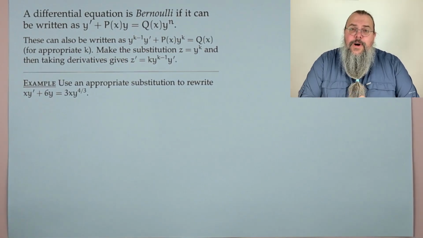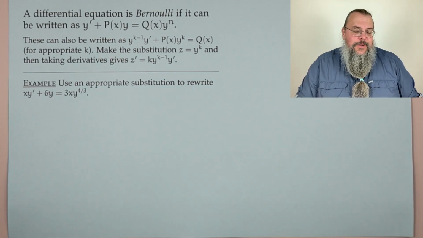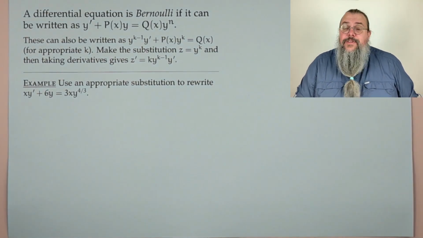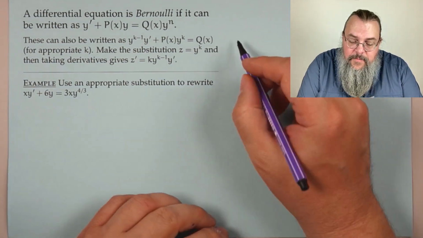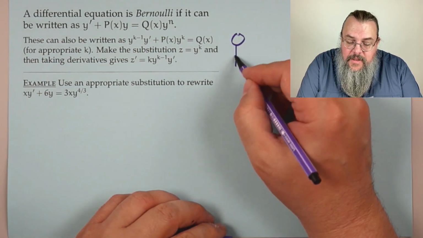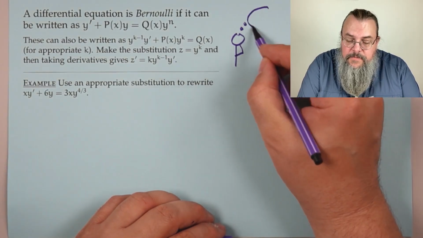And so what was the idea? What was the Bernoulli thinking when they saw this? Well, it's not going to be a sophisticated idea. In the back of their mind, they were thinking something along the lines of: okay, I have to make a substitution.